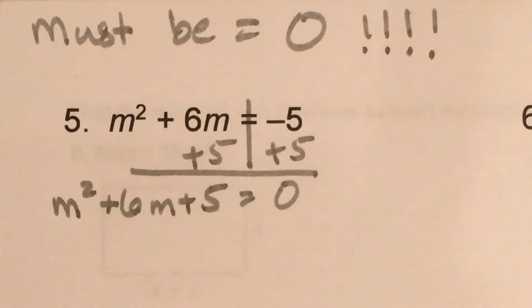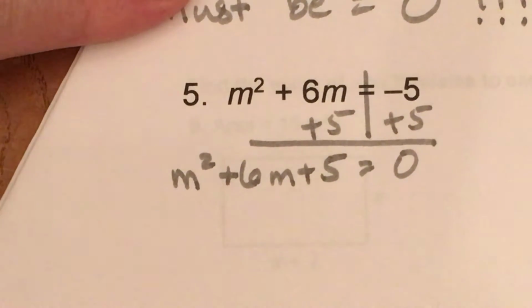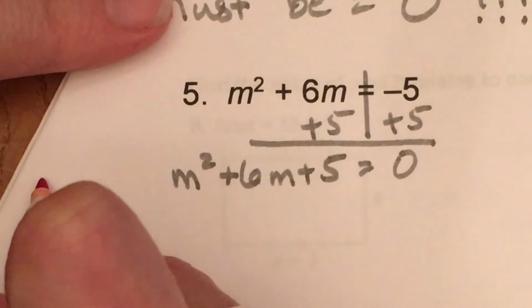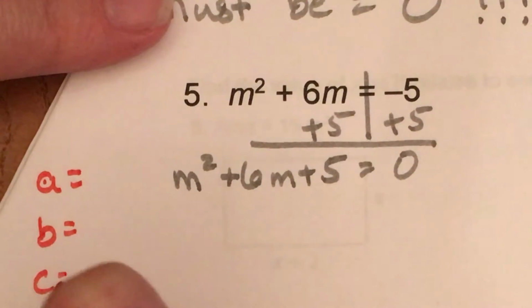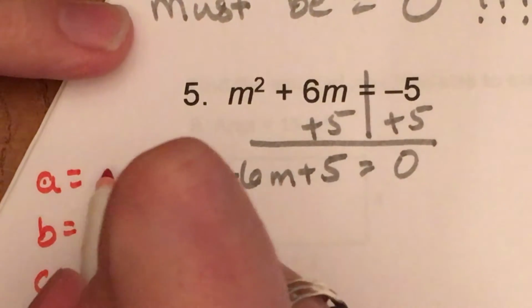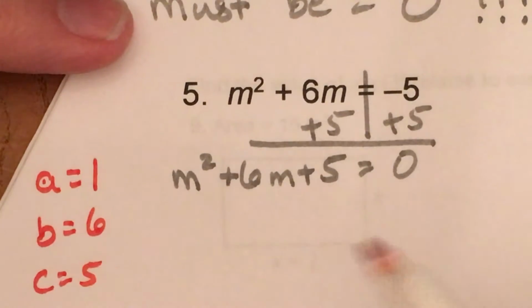All right, let's go do our factoring. Let's get some more room on our paper. You know, you can always use your margins to help you get more space to work in. So A is 1, B is 6, C is 5.